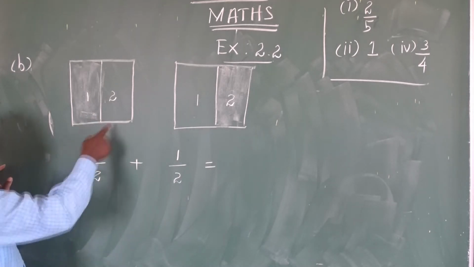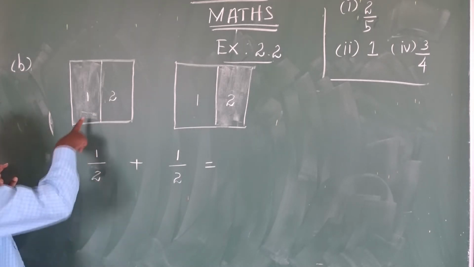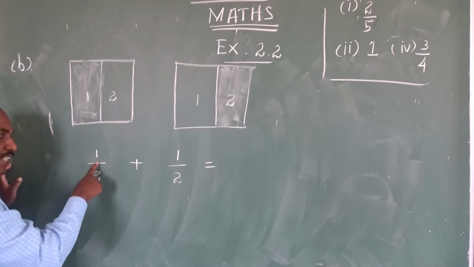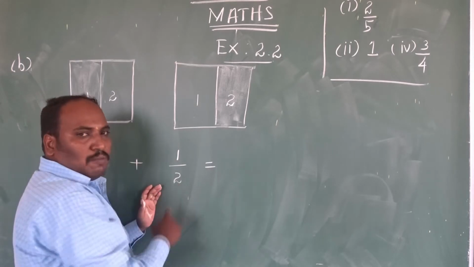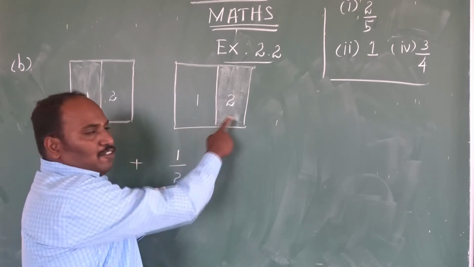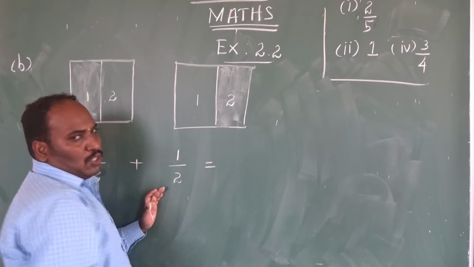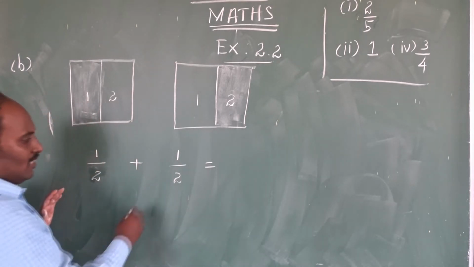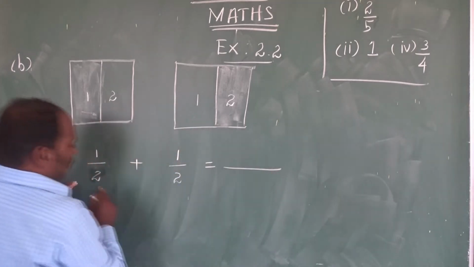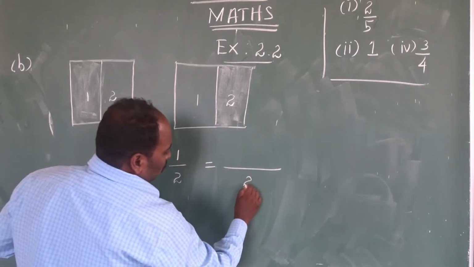Second one also total number of portions 2, shaded portion 1, so 1 by 2 plus 1 by 2 is equal to the common denominator 2.